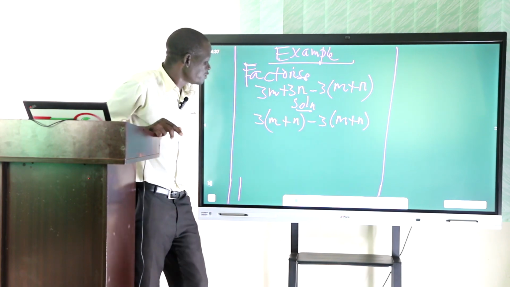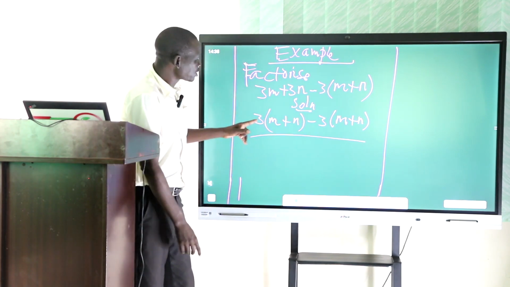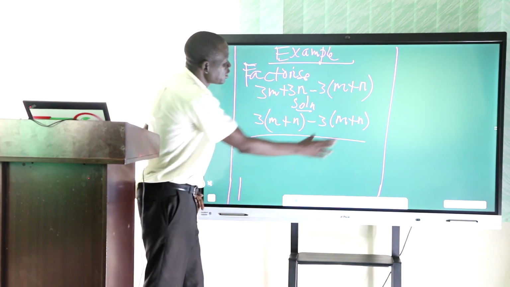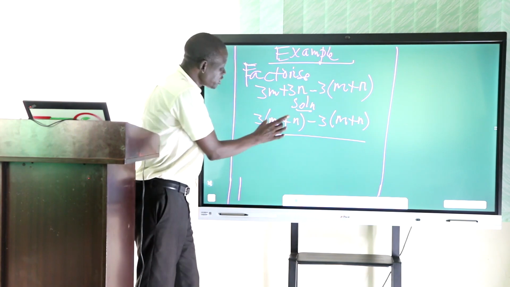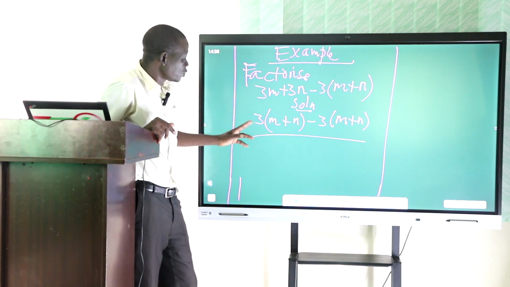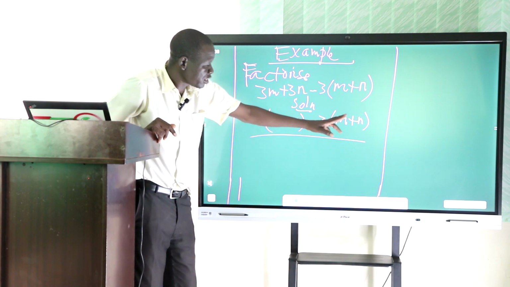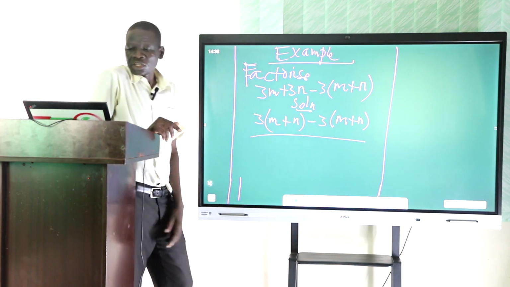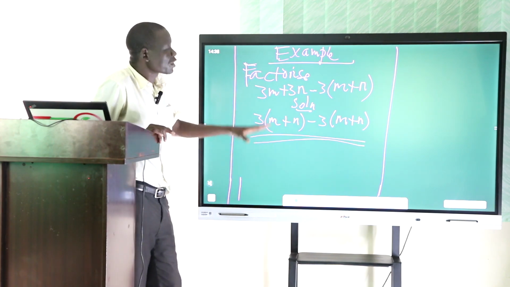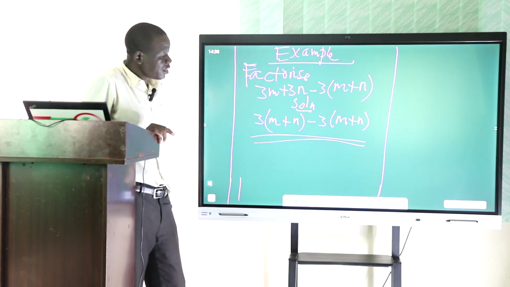So we have to leave it in this form. If this term 3 was different, I would subtract 3, this one outside the bracket. I would say 3 minus 3, and then 1 of this outside. But since this term is the same, it will remain as it is. So we have 3 into m plus n minus 3 into m plus n. This becomes our final answer. We have factorized.